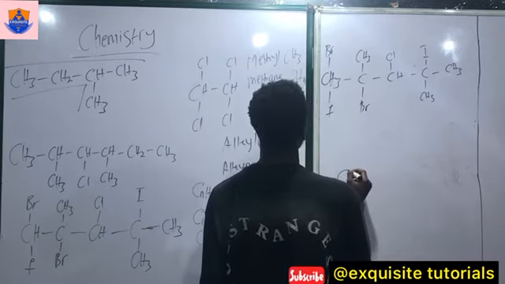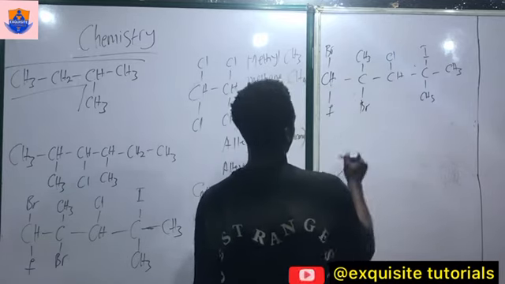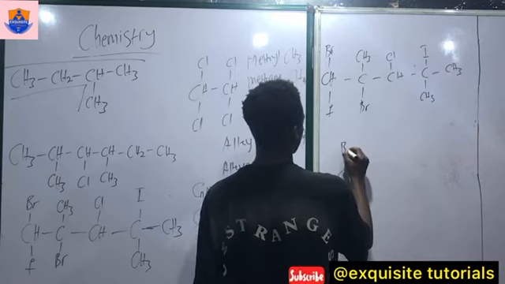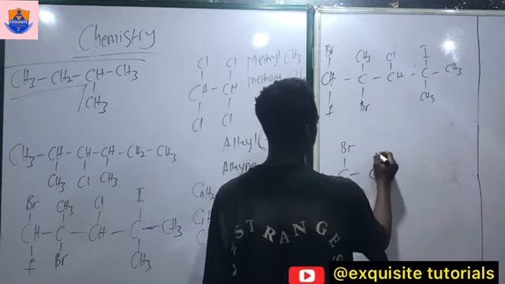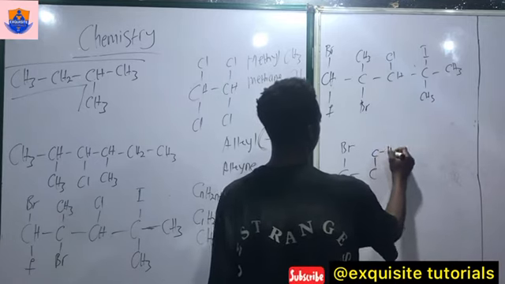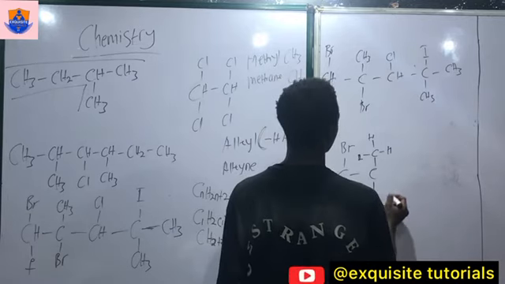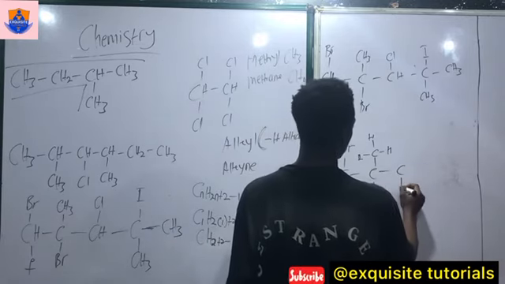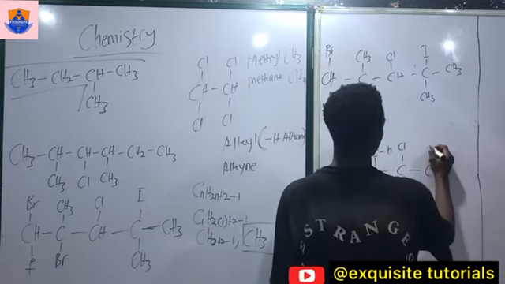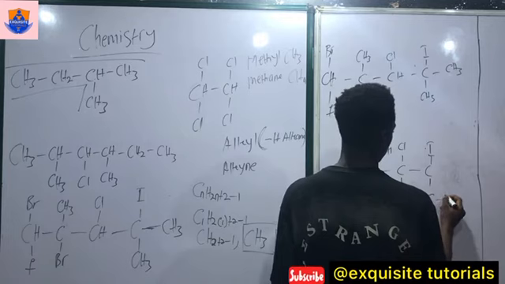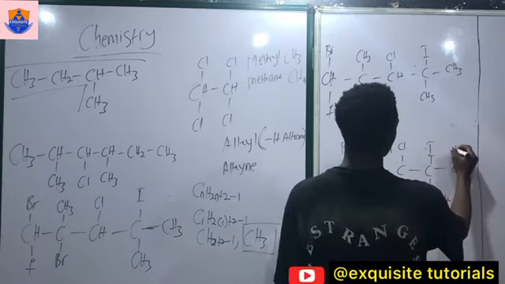Then we have something like this. We have a C, hydrogen, hydrogen, hydrogen, then a bromine, then C, hydrogen, and chlorine, and C, this, and C.